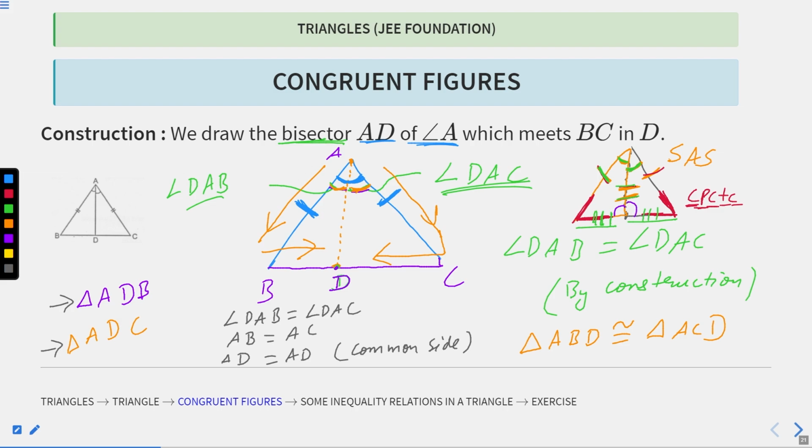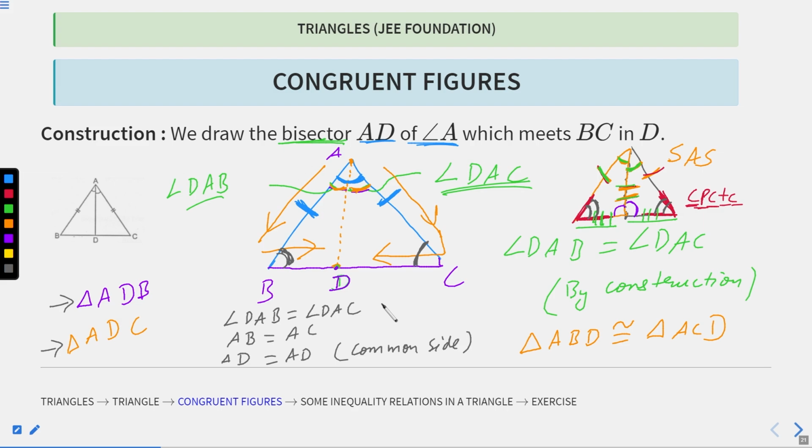So in this theorem, we proved that angle B is equal to angle C by CPCTC. I hope the proof is very clear to you.